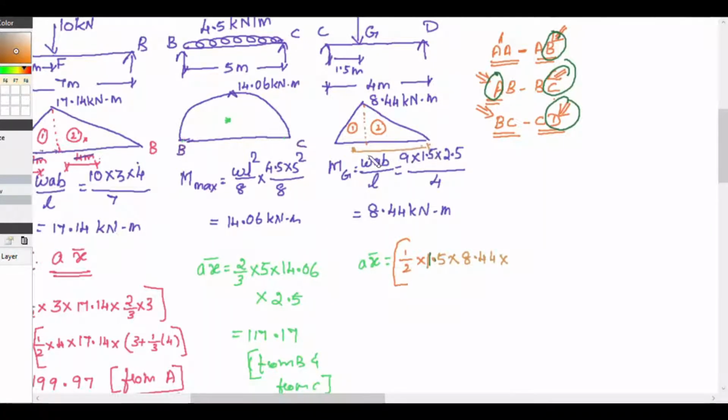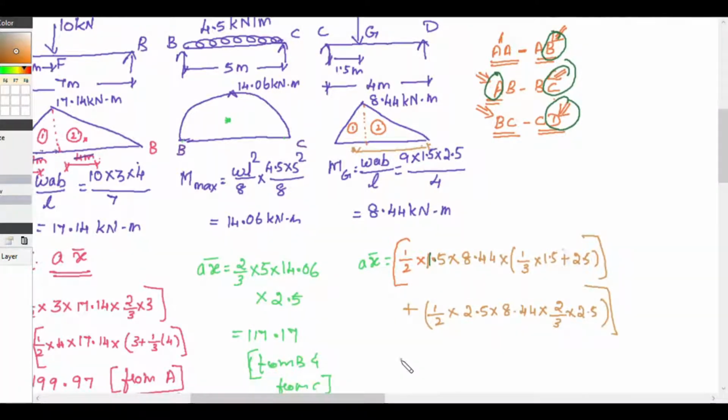So this distance is 1 by 3 of 1.5 plus 2.5, plus the second part, it is half into base 2.5 into height 8.44 multiplied by this distance, which is 2 by 3 of 2.5.